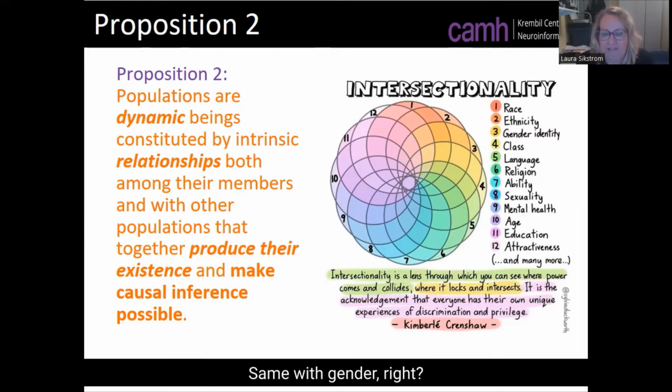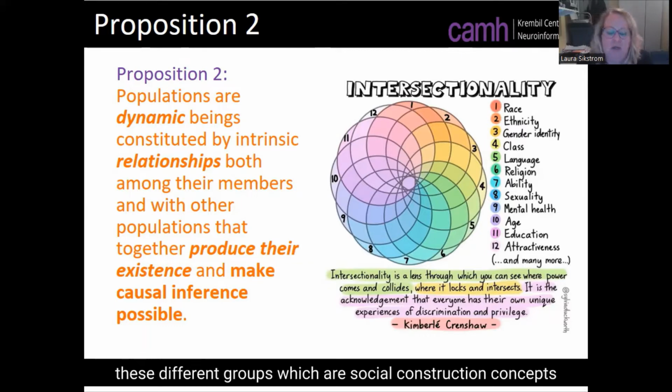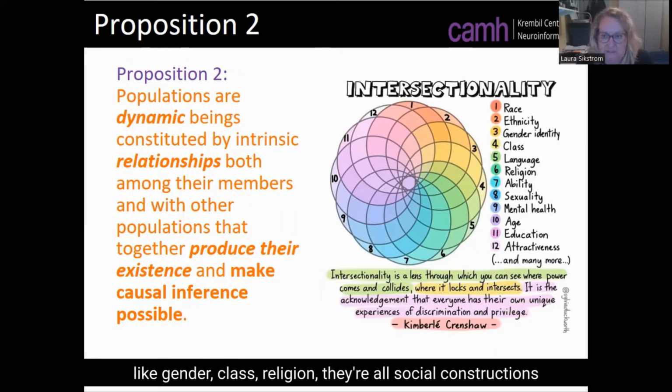Same with gender, right? So women couldn't vote, as an example. And so where this notion is helpful is that it helps us understand these relationships between these different groups, which are social constructions. Concepts like gender, class, religion, these are all social constructions that have meaning for us.